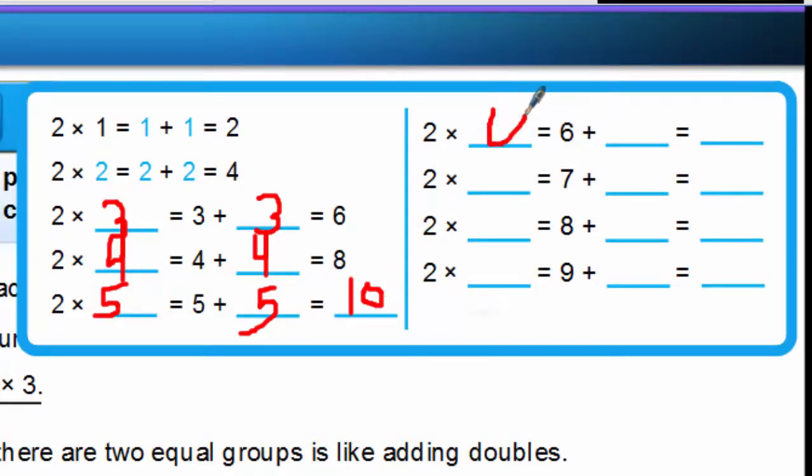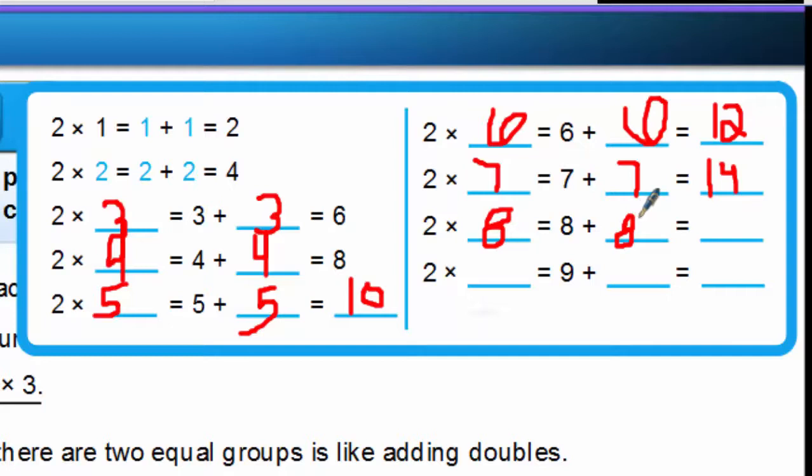Here we have 2 times 6 equals 6 plus 6. Doubles is 12. 2 times 7 equals 7 plus 7. What are 7s doubled? 14. Good job. We have 2 times 8, 8 plus 8. What is 8 doubled?